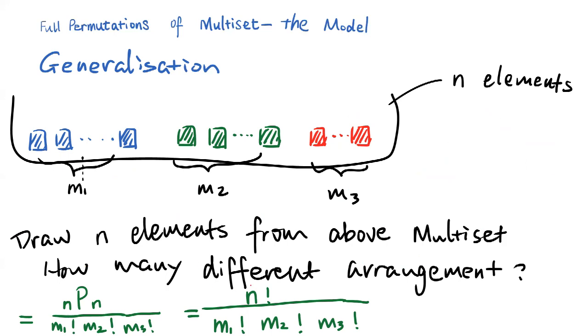The result is n factorial divided by m1 factorial, m2 factorial, and m3 factorial. That's the total number of elements, n factorial, divided by the number of identical elements factorial. Okay? Please write this formula down, and we're going to use it to solve some example questions later.